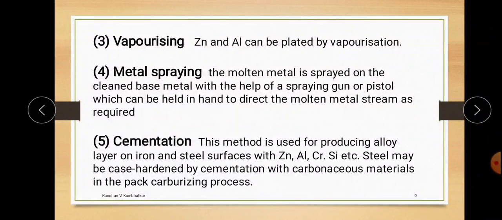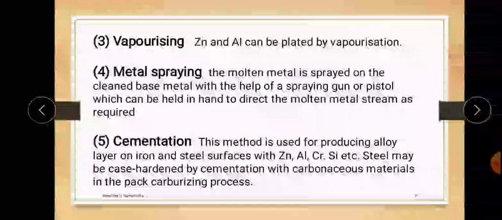This method is used for producing an alloy layer on iron and steel surfaces with zinc, aluminium, chromium, silicon, etc. Steel may be case hardened by cementation with carbonaceous material in the carburizing process. So this is the cementation process.